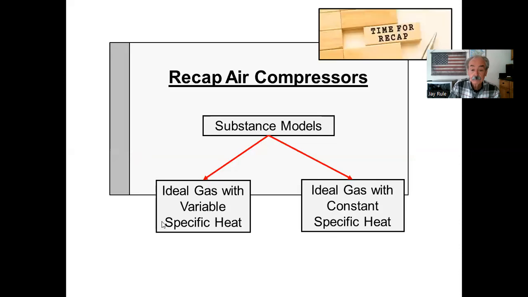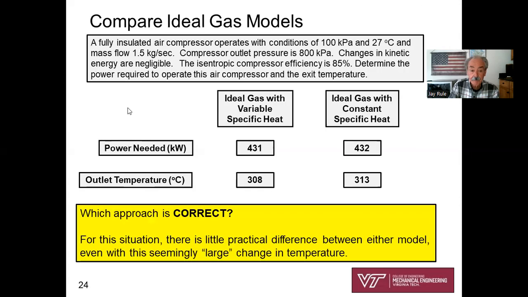All right, let's recap and compare. Let's compare both approaches to solving the same problem. All right, same problem. Ideal gas with variable specific heat, power needed 431. Ideal gas constant specific heat, 432. Wow. Well, when you do these problems, it's more than homework. It's basically you're trying to determine the electric motor size needed to drive the compressor.